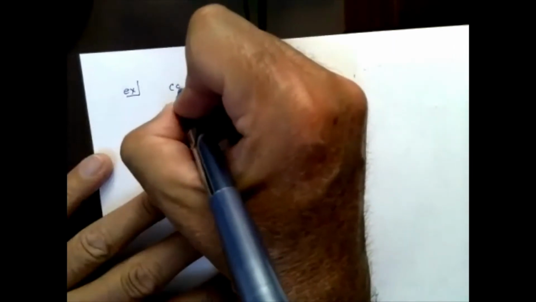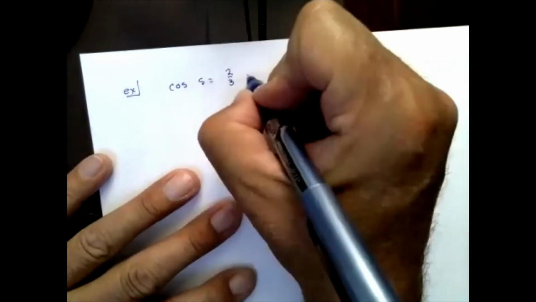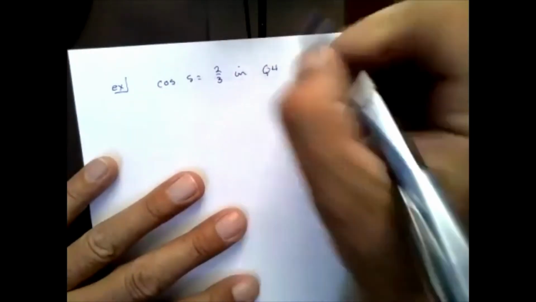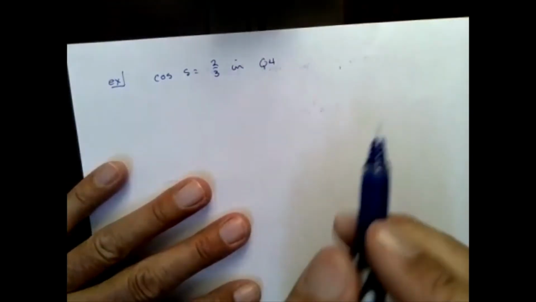All right, well, let's do some other types of practice with this. What if I said something along the lines of the cosine of S equals 2/3, and it's in quadrant 4. Oh, All Students Take Calculus. Yeah, quadrant 4, the cosine is positive.